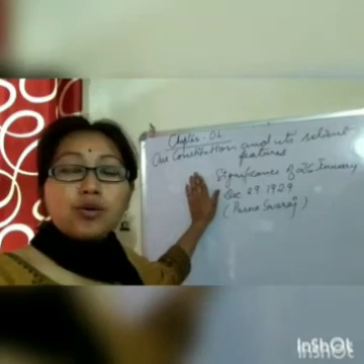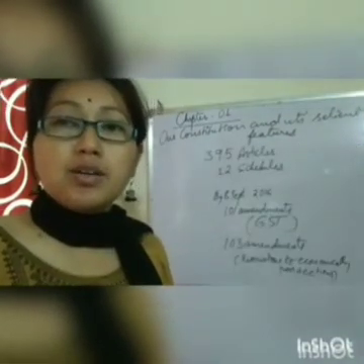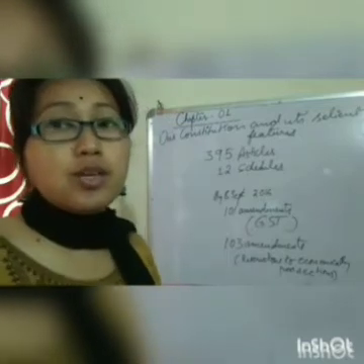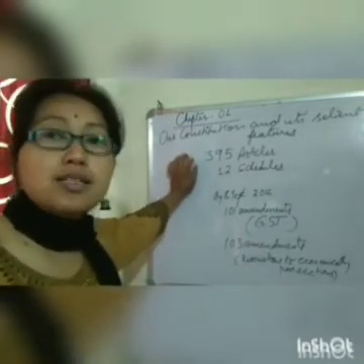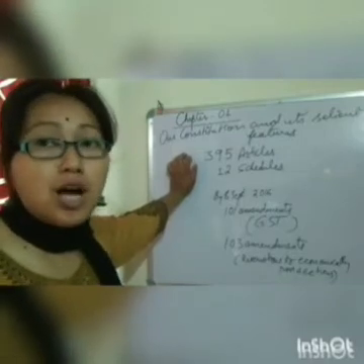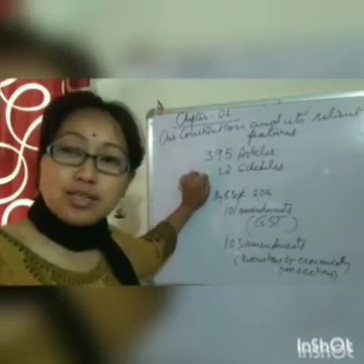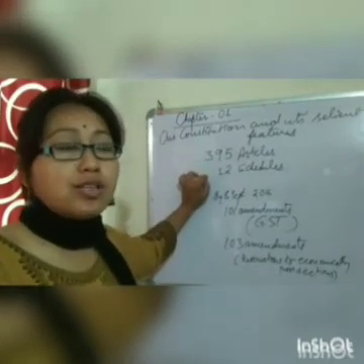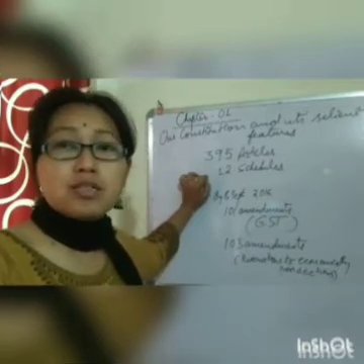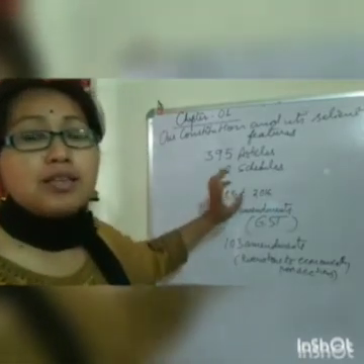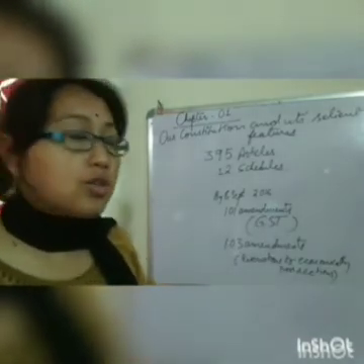Clear? Okay, now the next topic. By the time the Constitution was enacted, there were 395 articles and 8 schedules, but now at present there are 395 articles and 12 schedules. Amendments are still being done to the Constitution.